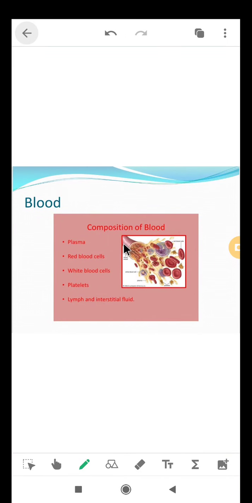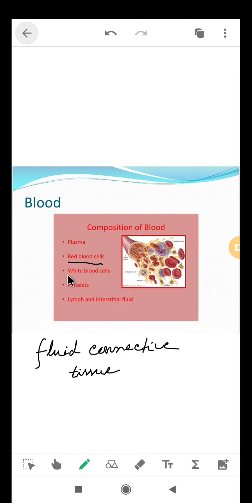The blood is a fluid connective tissue. And the blood consists of the plasma and the blood cells.